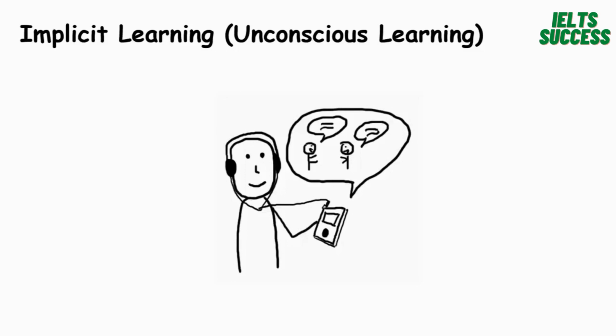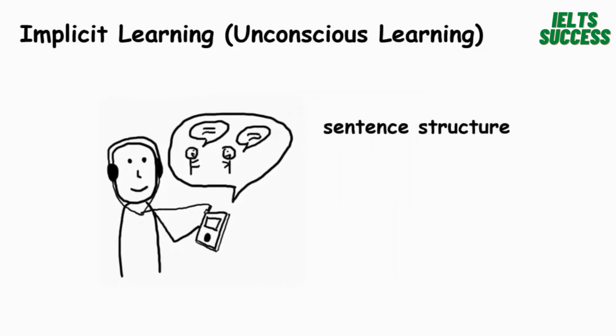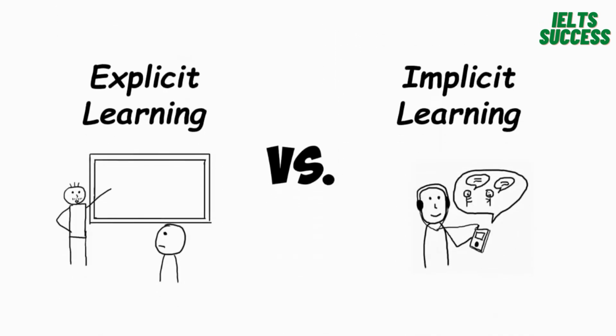But by doing the activity, you're simultaneously learning English. You may not realize it, but you're learning many aspects of the English language: the sentence structure, the grammar, the vocabulary, and so on.